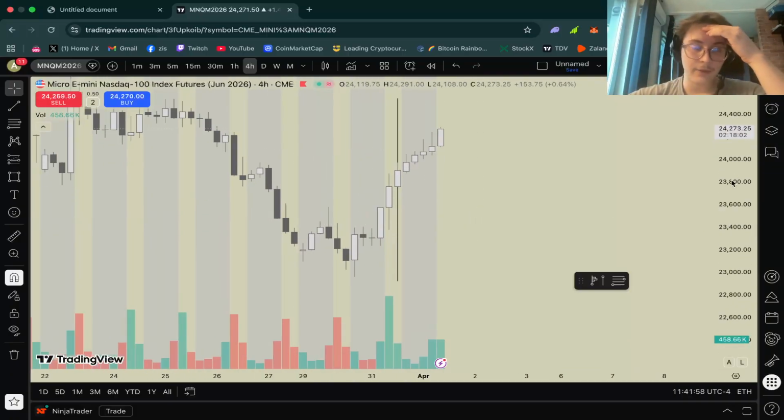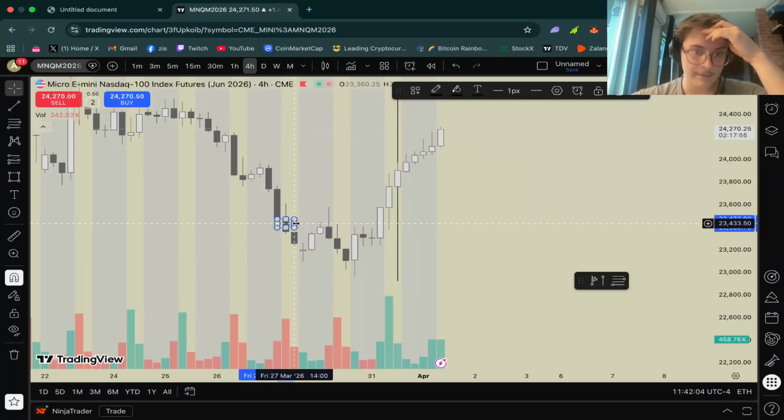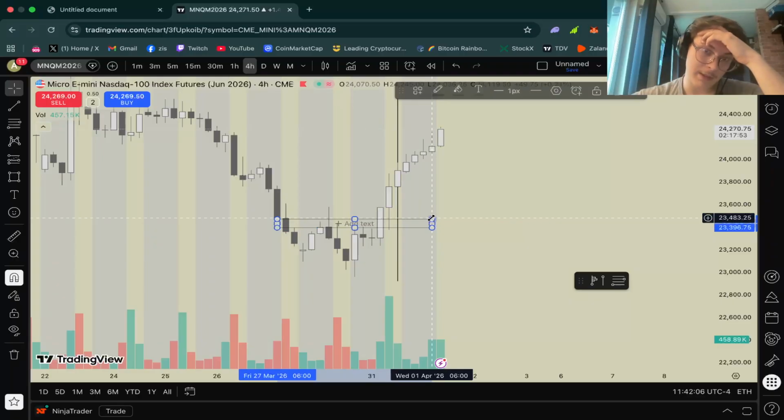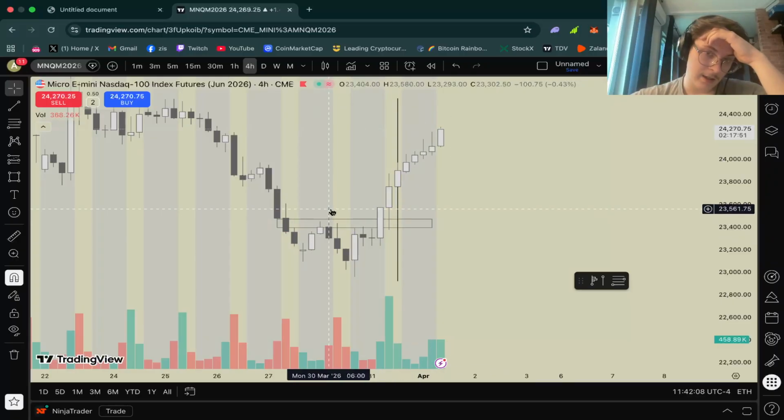Right. Looking at the 4 hour, I had a 4 hour gap here, which was accepted, right? And now, after yesterday's loss, I did some more learning, let's call it, and now I understand that because this is closed, but this is already mitigated, I shouldn't really care about this gap.